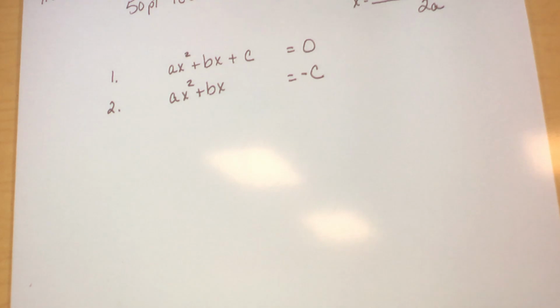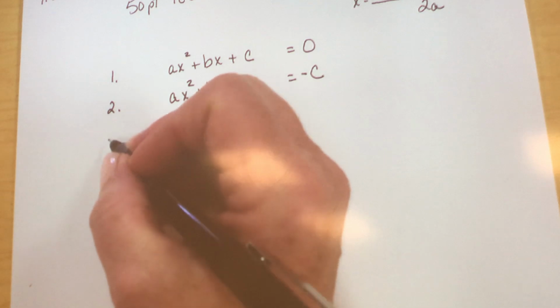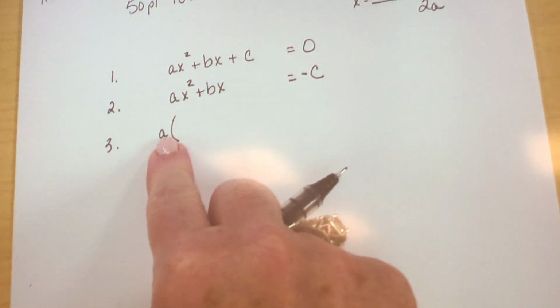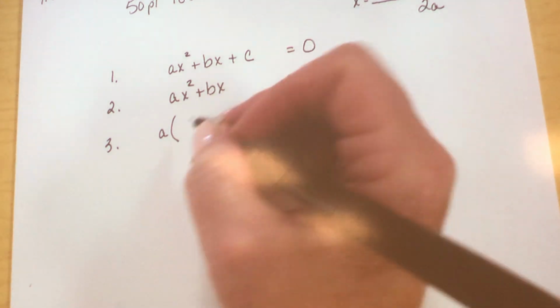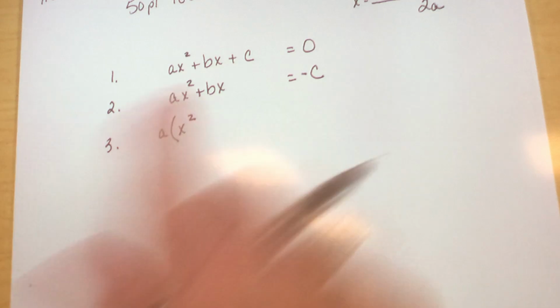Okay? Now, if I'm going to complete the square, what's my next step going to be? That's exactly right. You have to factor that A out. So, my next step, I'm taking the A out. What do you multiply A by to get AX squared? What do you multiply A by to get BX?